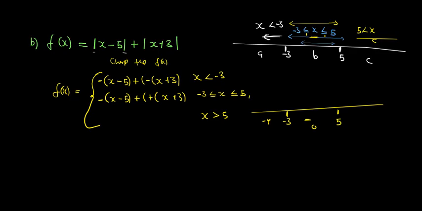So now what I'm going to do is charging. These are numbers that are greater than, so we can test 6. If I put 6 there, that will be positive, so that will be just positive (x minus 5). Hope that is clear. Then there's that plus, again I'm charging.